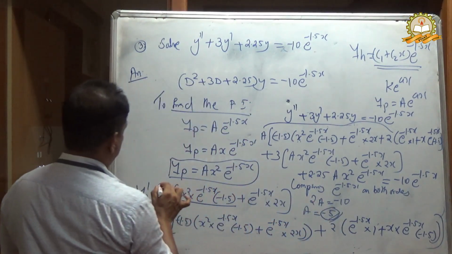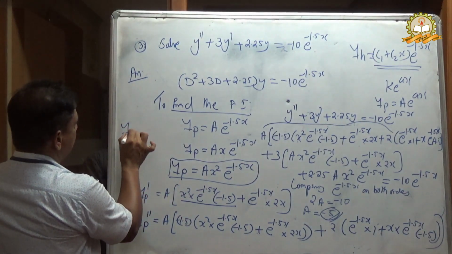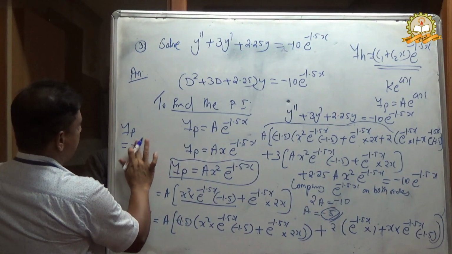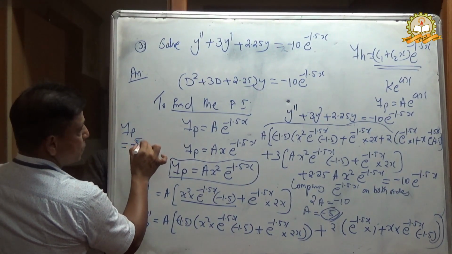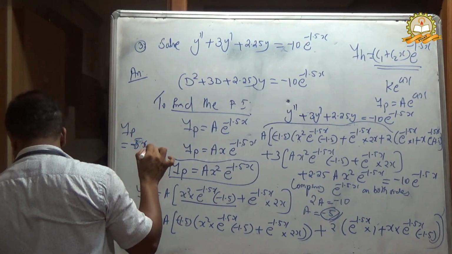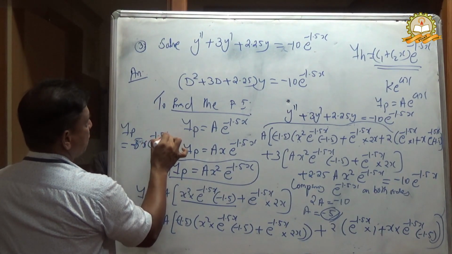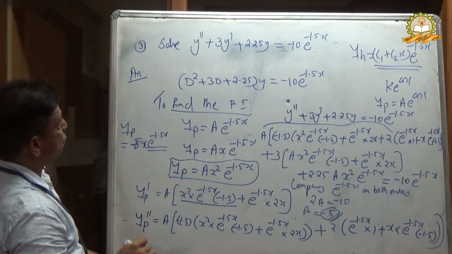Therefore, our yp will be -5 x² e^(-1.5x). Therefore, this is the yp.